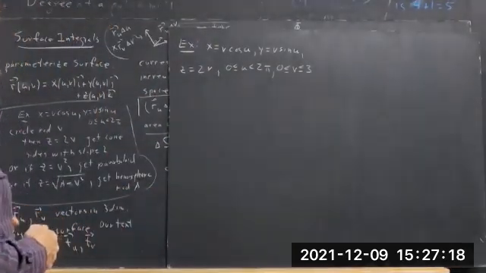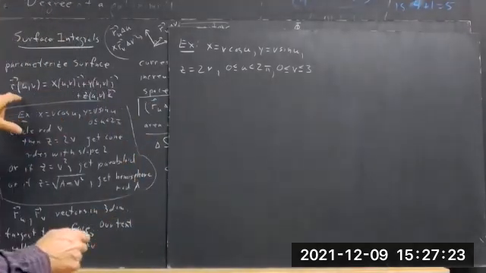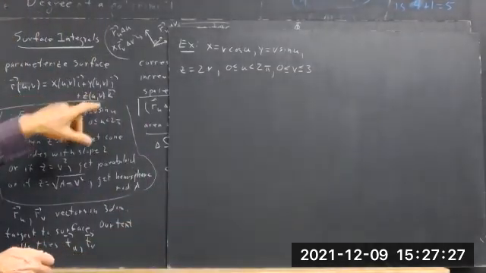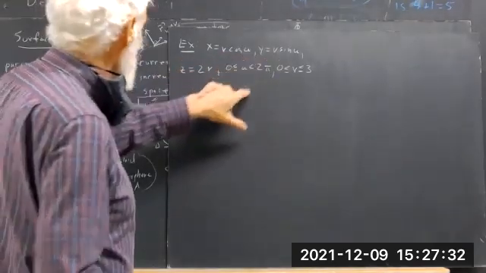Okay, well, of course, our parameterization will then be this. X of u, v, y of u, v, z of u, v. Here they are.